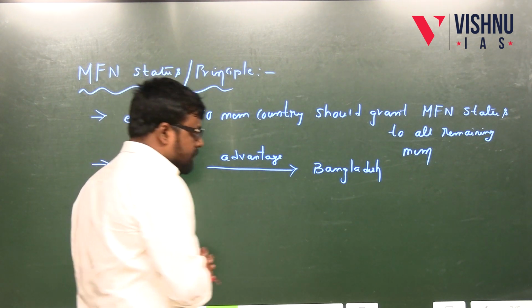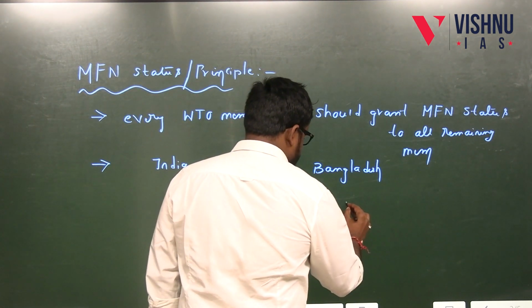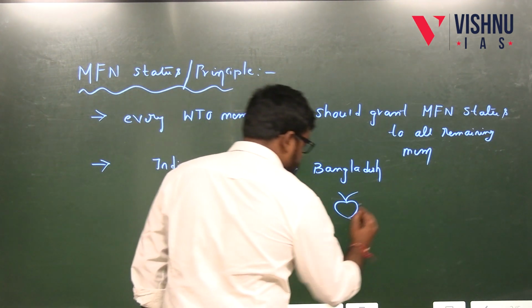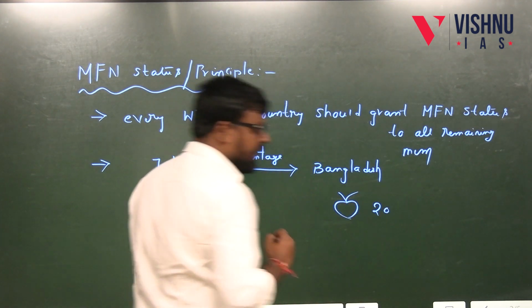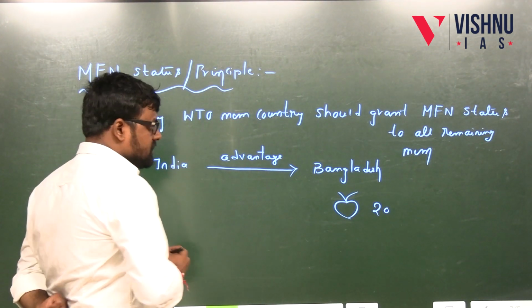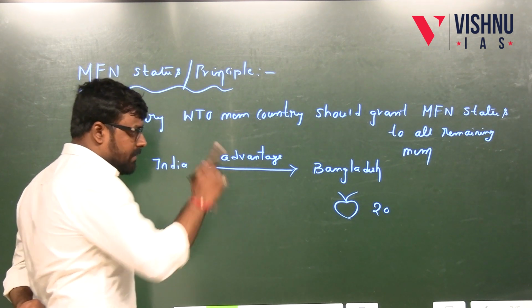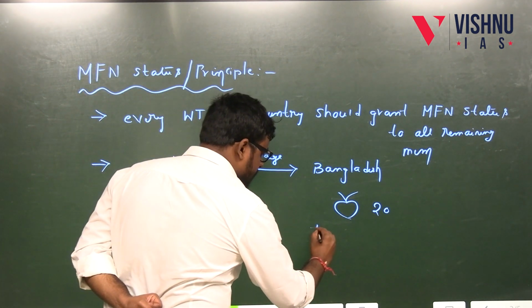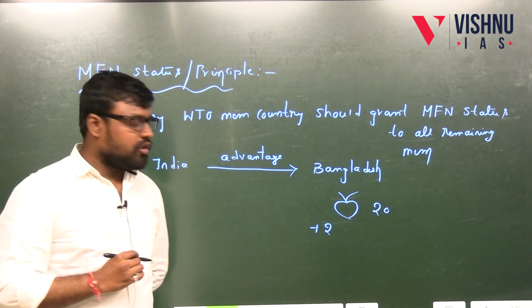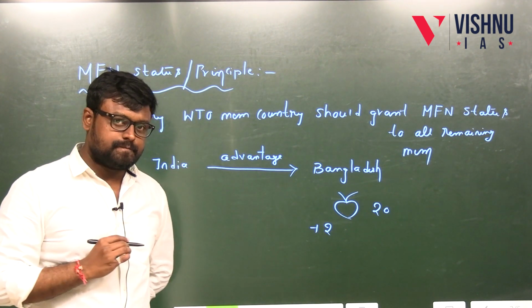Suppose let us take the Bangladesh is producing apples. And the cost of this apple is 20 Indian rupees. And India is importing these apples. So while importing these apples earlier, India has put a 2 rupees import duty on that apple.